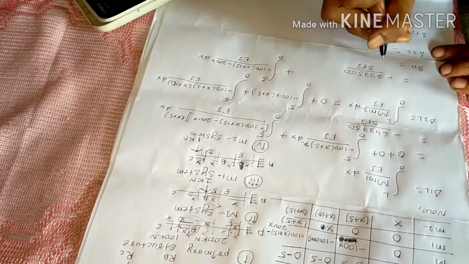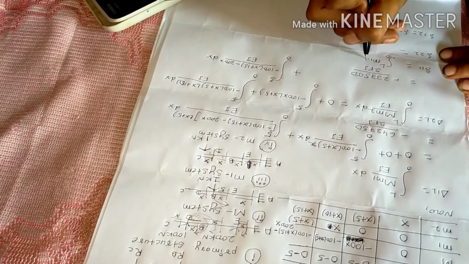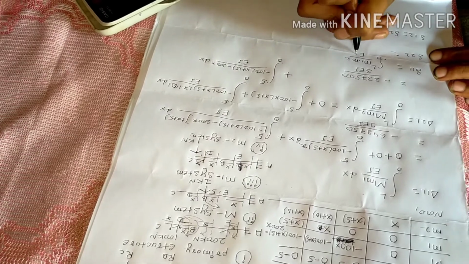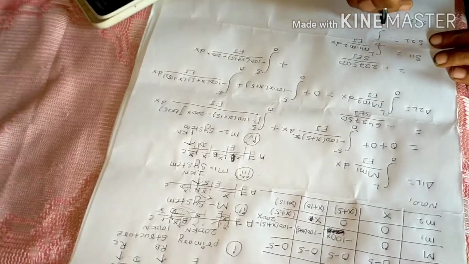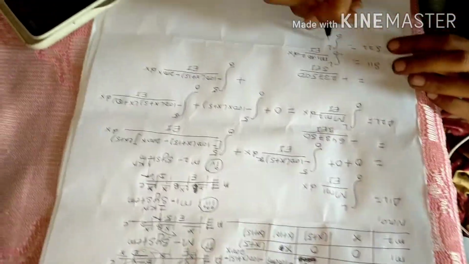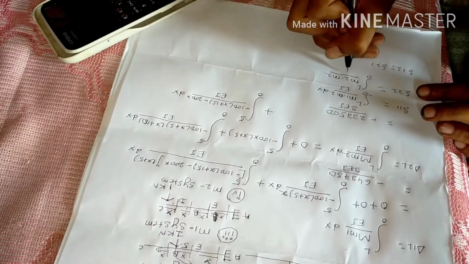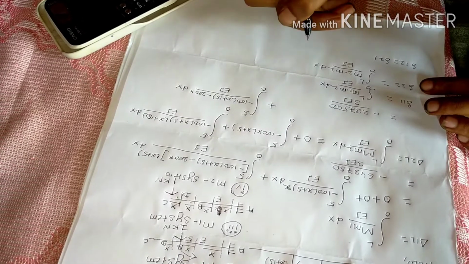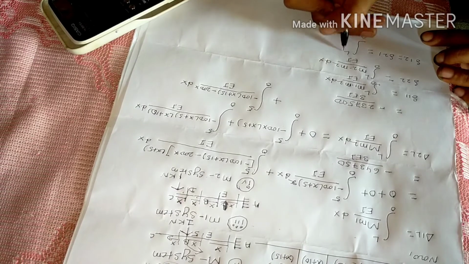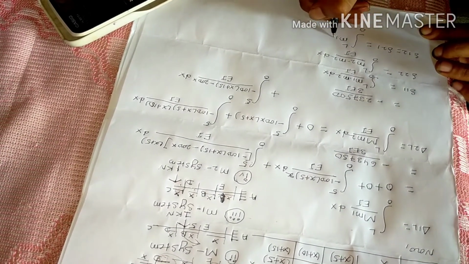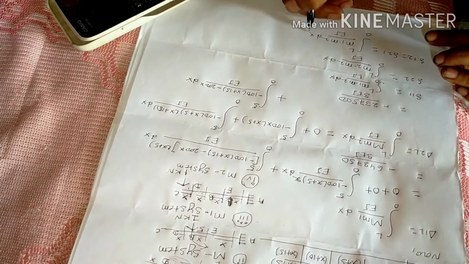Now del 11 means the integral from 0 to L of m1 into m1 divided by EI dx. Also del 22 means 0 to L m2 into m2 divided by EI dx. Del 12 or del 21 means 0 to L m1 into m2 divided by EI dx.